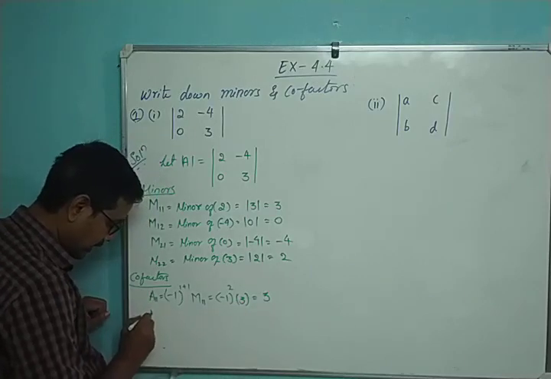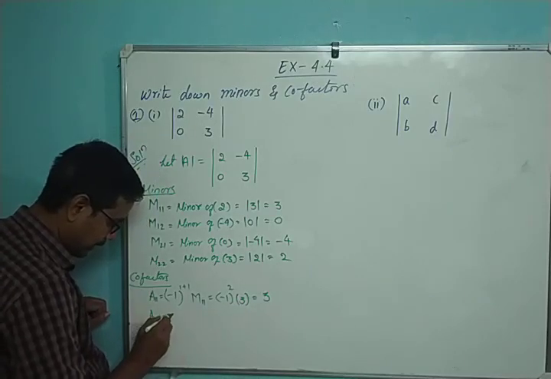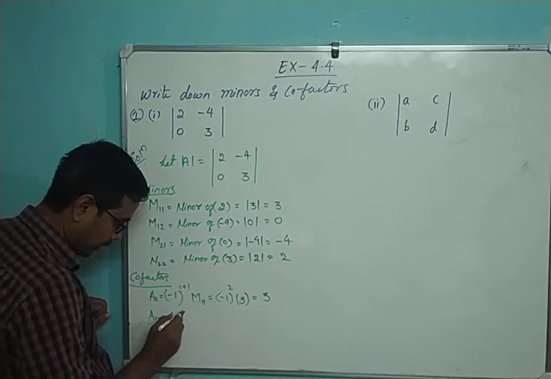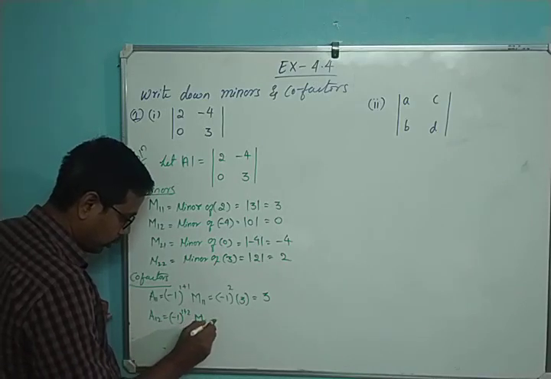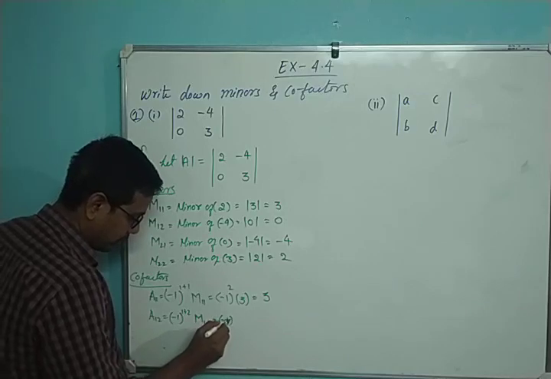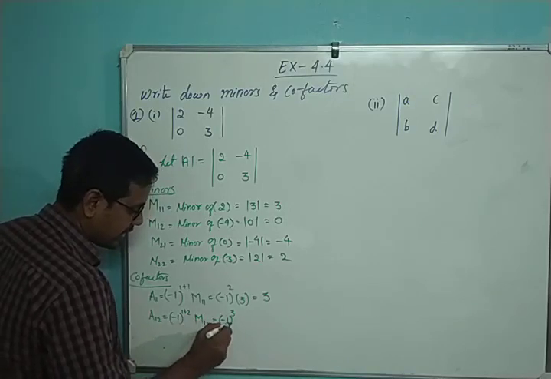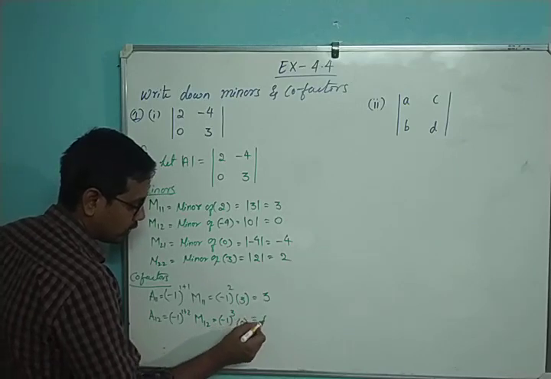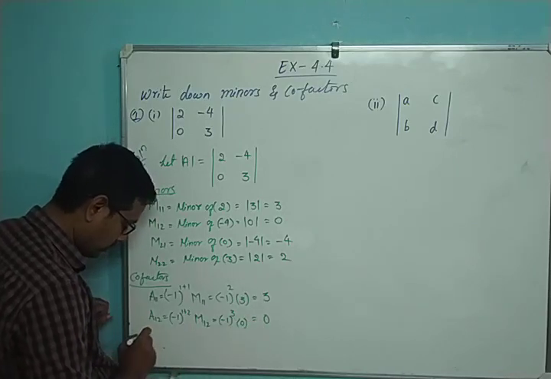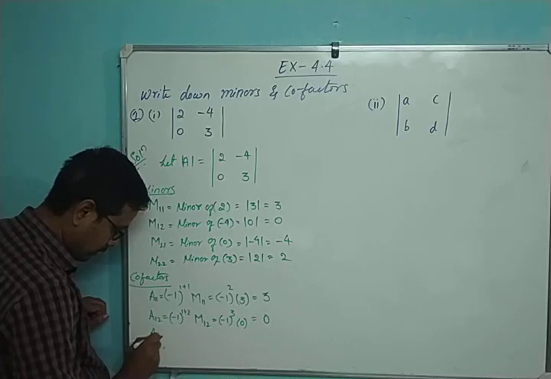Similarly, A12 is minus 1 to the power 1 plus 2 into M12. This is minus 1 to the power 3, since 1 plus 2 is 3. M12 is 0, so this will be 0, as 0 into anything is 0.